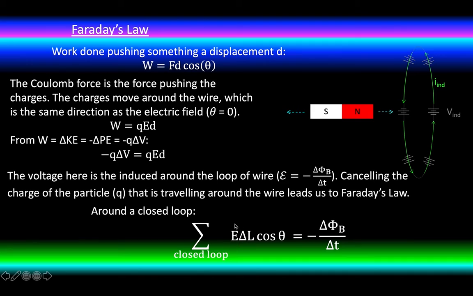So here we have the strength of our electric field, the size of a step, but we're taking many steps which will add up to moving around a closed loop. And I want to be general, so I am allowing this cosine theta back in over here. On the other side of Faraday's law, I have the rate of change of magnetic flux being my delta V.